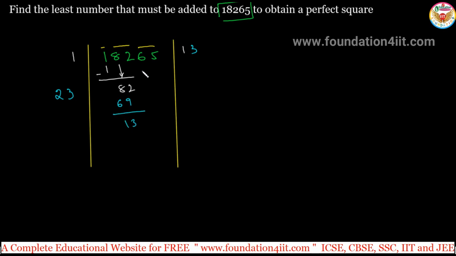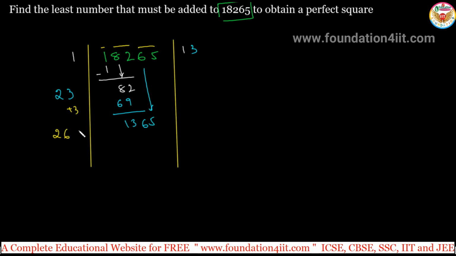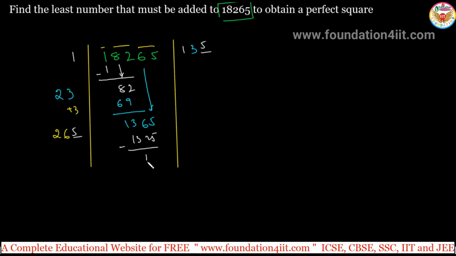This is 39. The next set is 65. If you take 3 more doubled, 26, so here 260 until less than 1365. 265 into 5 is 1325. If we subtract, we get 40.